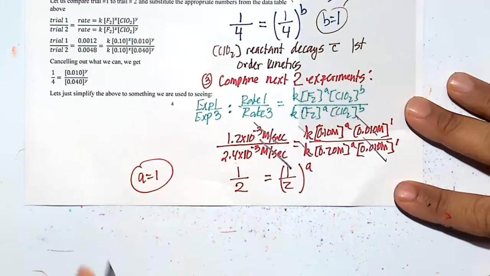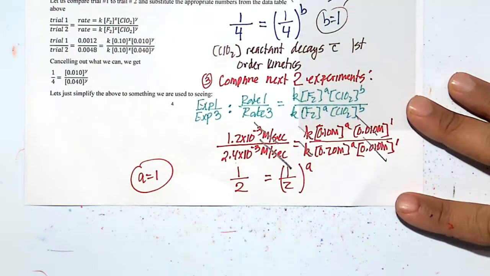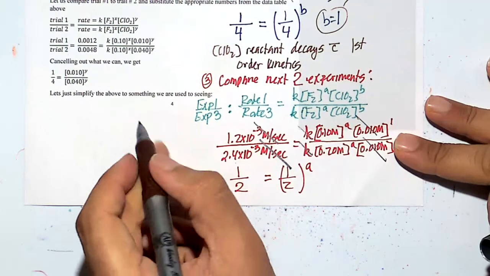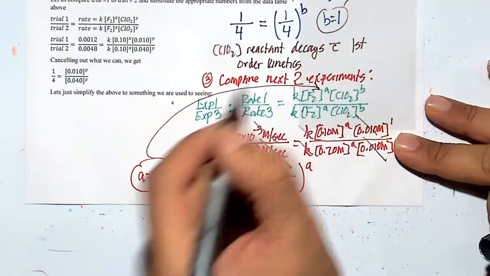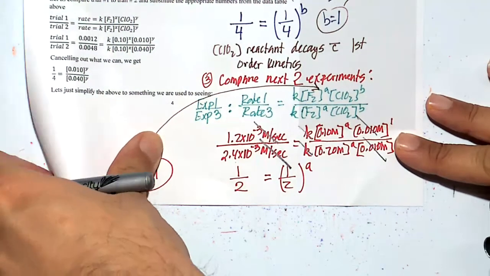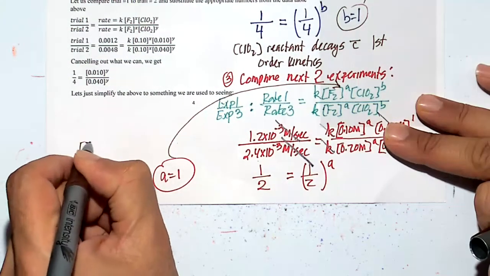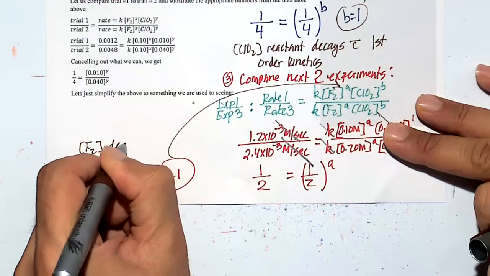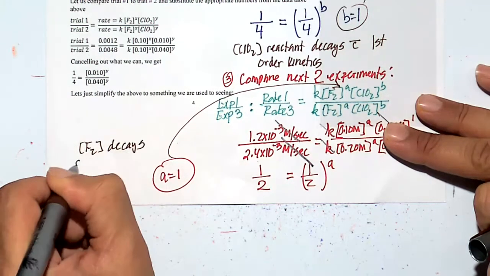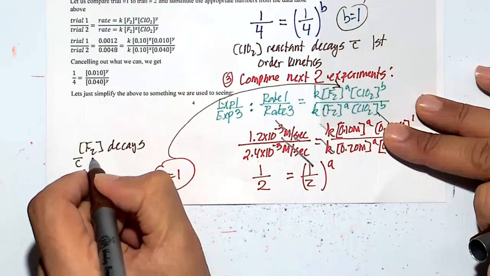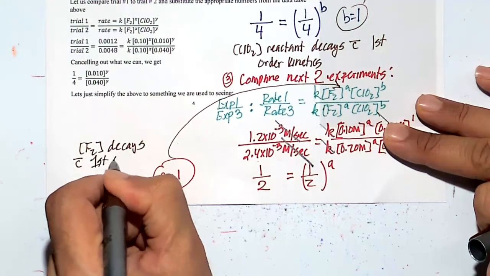Okay. So what does that mean? It means that F2 reactant decays with first order kinetics. Decays with, that's our symbol for with, it decays with first order kinetics.